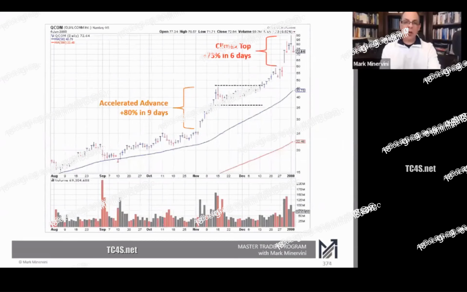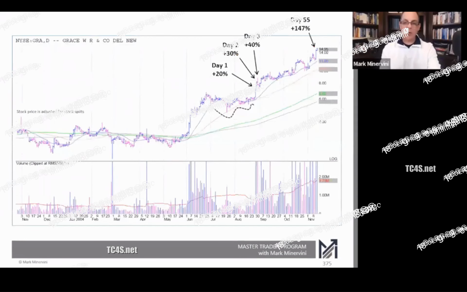So many of these will start off like WR Grace. When I bought this, I was up in just 2 days. I was up 30% on it. So it was just starting to turn into a stage 2 uptrend. So I decided, I'm not going to sell this right here because it's acting so strong, and it's in this early base. This could be just the start of 3, 4 bases in this stage 2 uptrend.